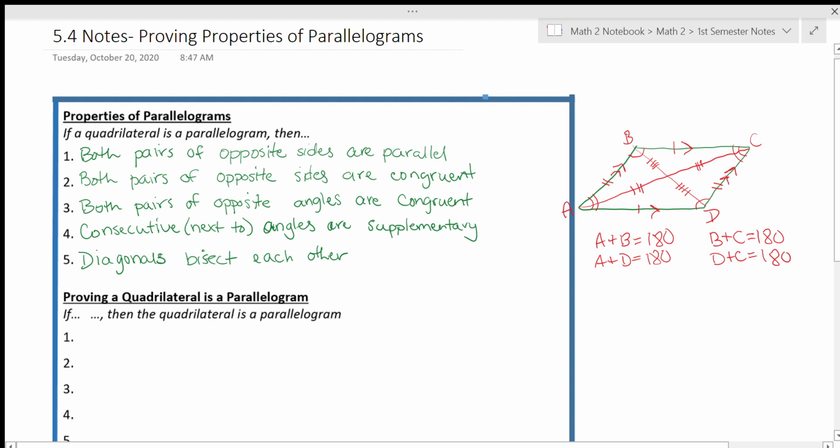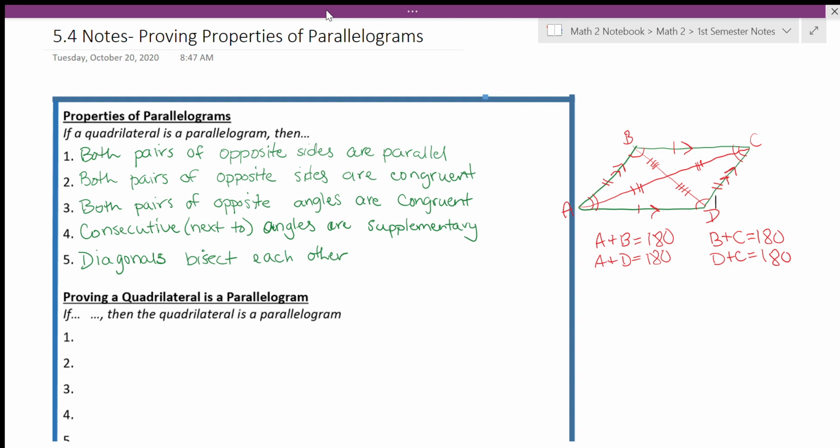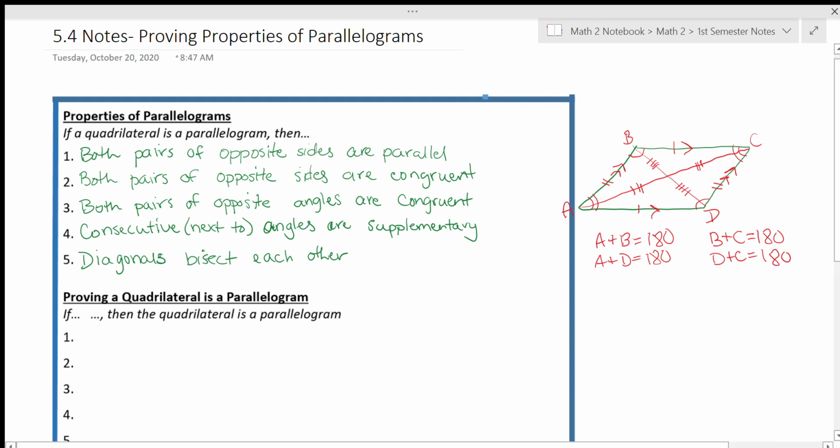If we want to prove that a quadrilateral is a parallelogram, then there's a couple of these properties that we can use to prove it. Okay, now we can't actually use all of them. There's a couple that don't quite work just exactly the same, but there are several that are going to be very similar.